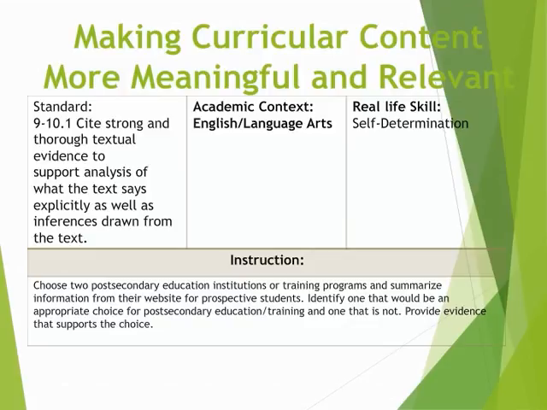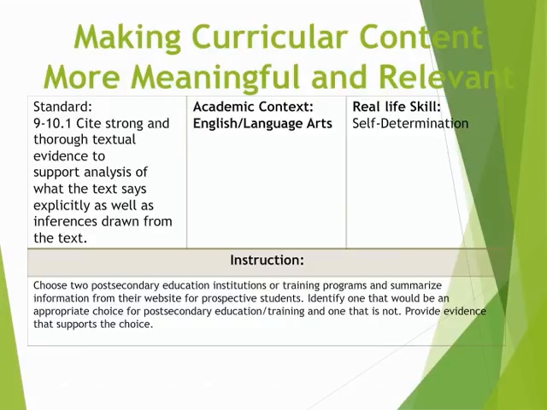Being able to cite strong and thorough textual evidence to support analysis of what the text says explicitly, as well as drawing inferences from the text. Being able to support decisions is a concept and skill that is very important in self-determination as well as in the general curriculum.